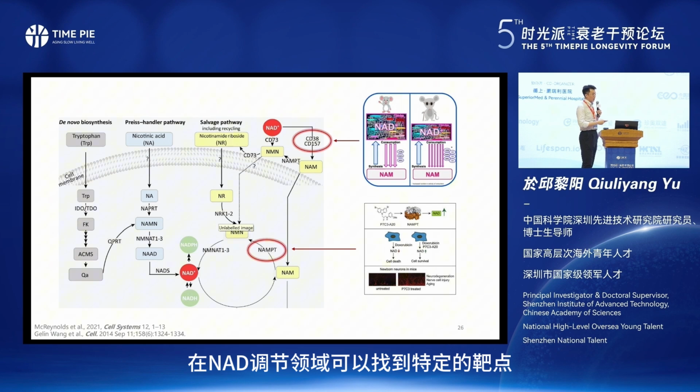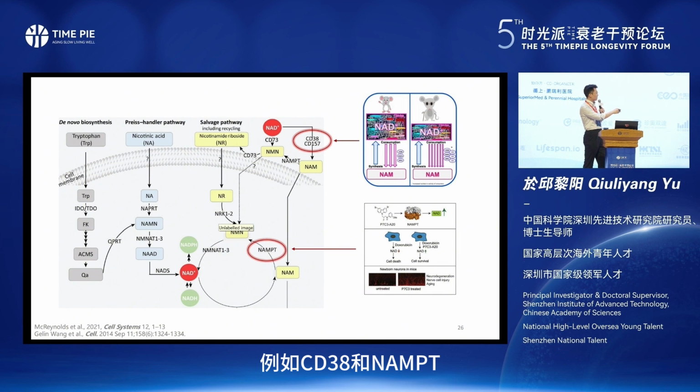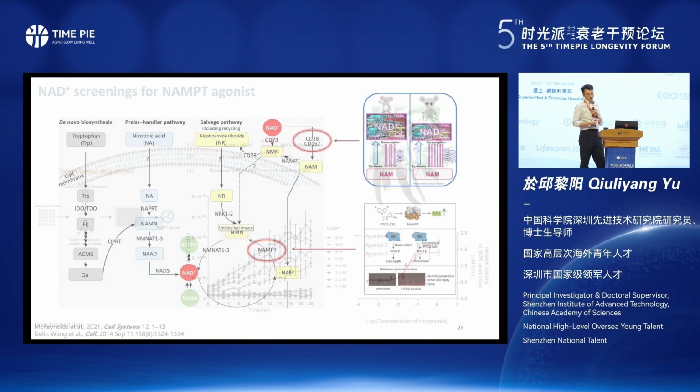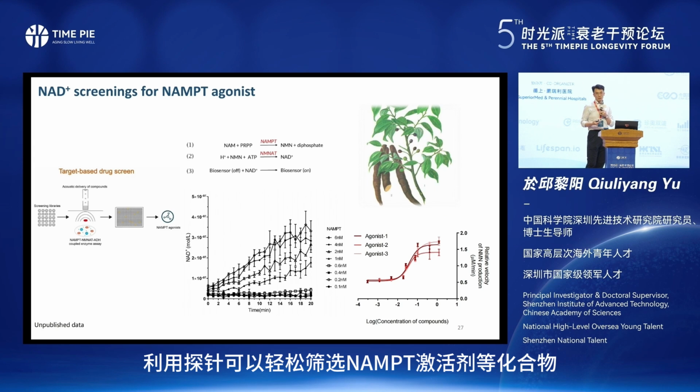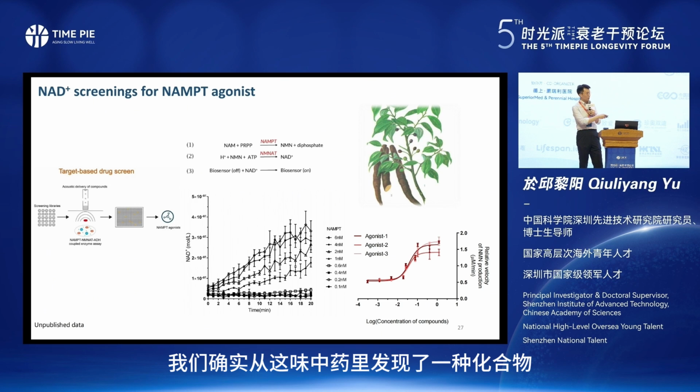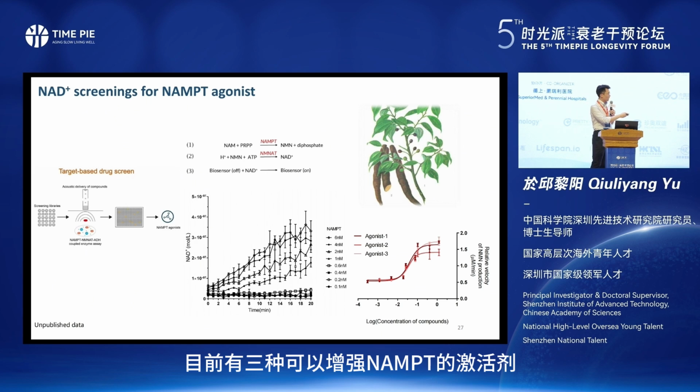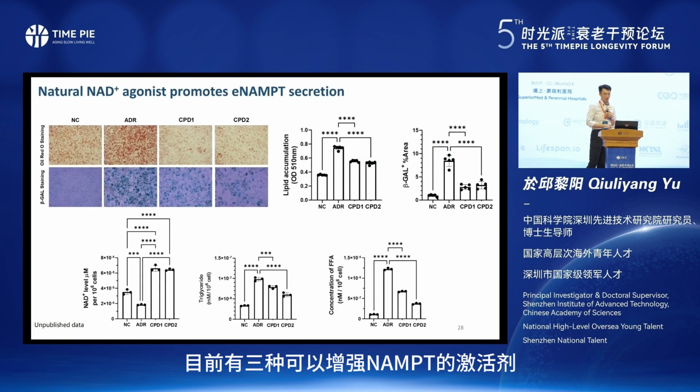And of course, in the NAD modulation field, you can find specific targets such as CD38 and NAMPT. So using the sensor, we can easily set up screenings for compounds such as NAMPT agonists. And we did find one coming from this herb, this traditional Chinese medicine herb. So we have 3 agonists that can boost NAMPT.